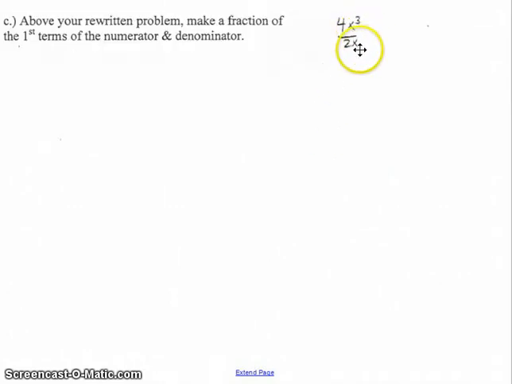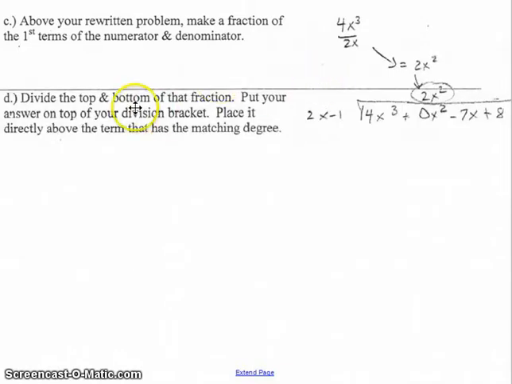So I've got 4x cubed over 2x. Divide those out. What is 4x cubed divided by 2x? Well, it's 2x squared. Once you've got that divided out, you've divided the top and bottom of that fraction, put your answer, in other words, that 2x squared, as the beginning of your answer to your full question.